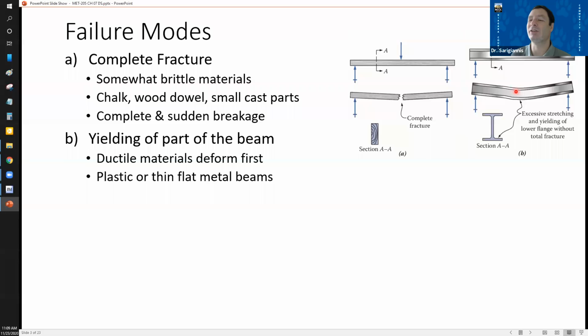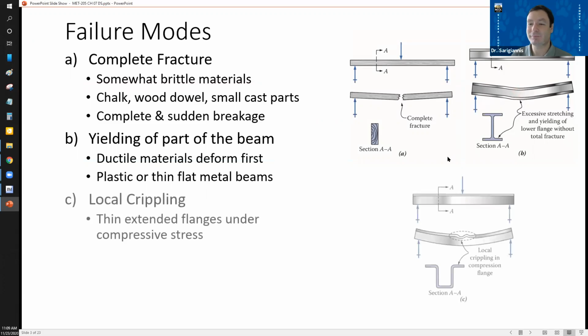You'll pass the yield point of the steel, and you may not pass the yield point in all areas. So you might get yielding in certain places, like in the flanges, and it won't fracture, but it'll start yielding, and that's going to be the first step to failure of the beam.